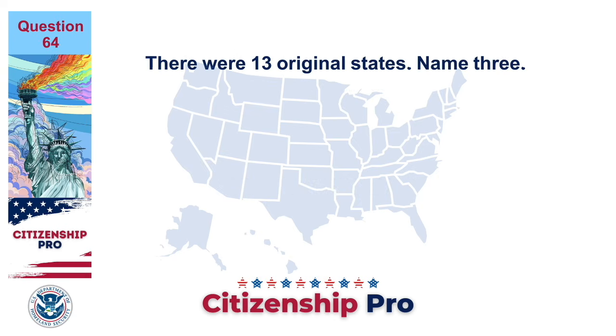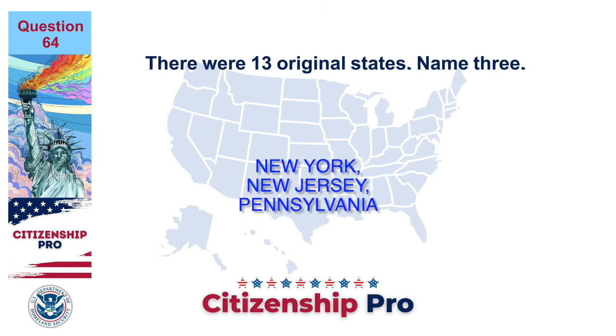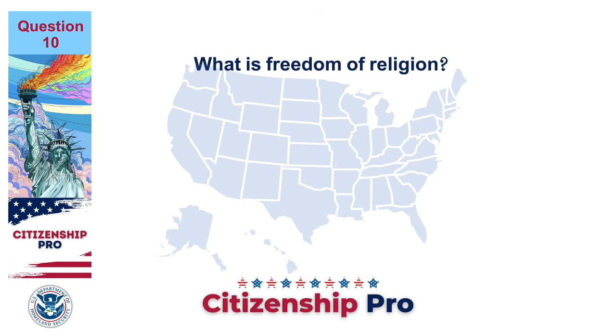There were 13 original states. Name 3. New York, New Jersey, and Pennsylvania. What is freedom of religion?